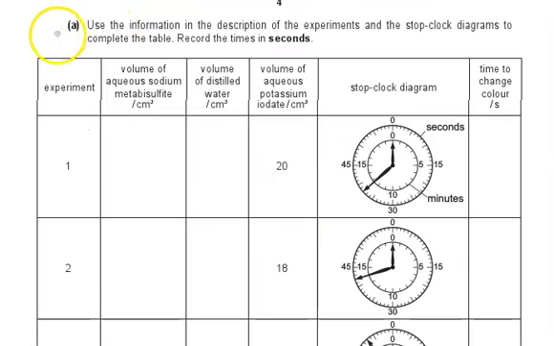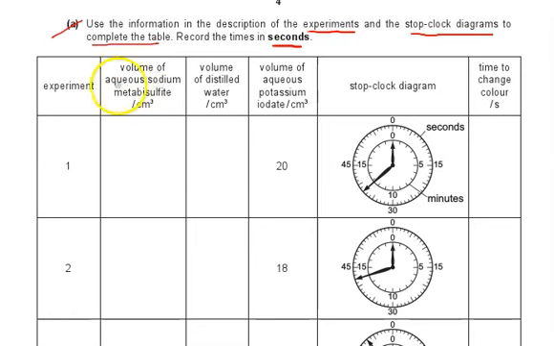Okay, A. Use the information in the description of the experiment and stop clock diagrams to complete the table. Record the time in seconds. Now here, volume of aqueous sodium metabisulfate, volume of distilled water, and here is the aqueous potassium iodide.